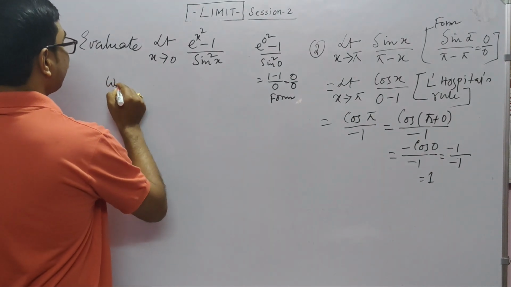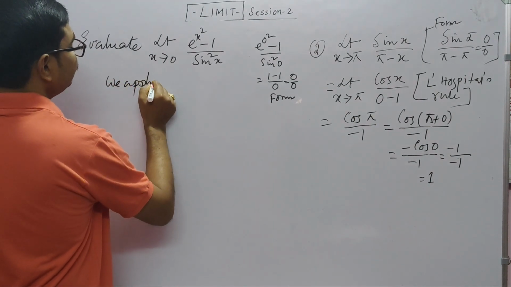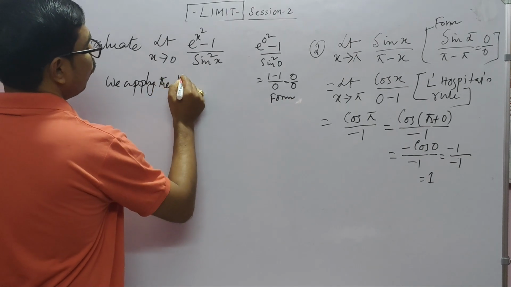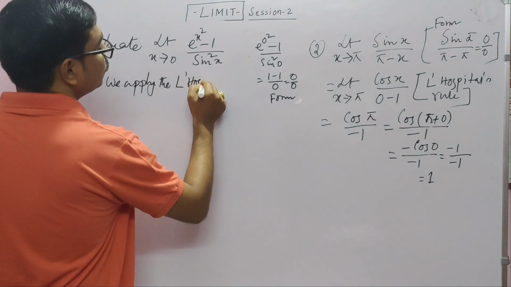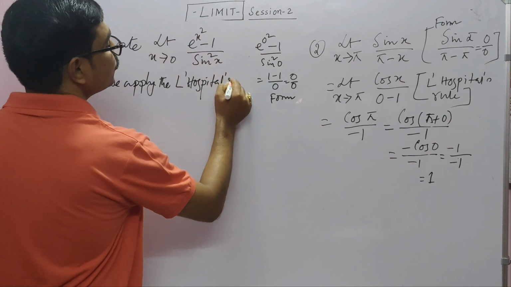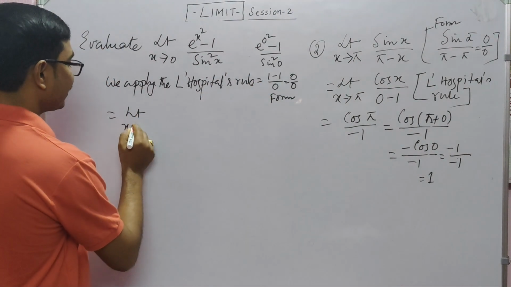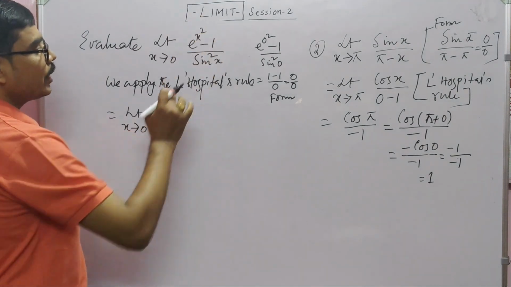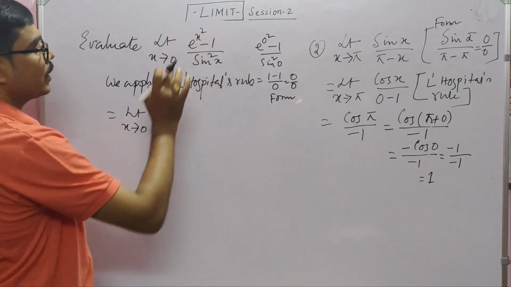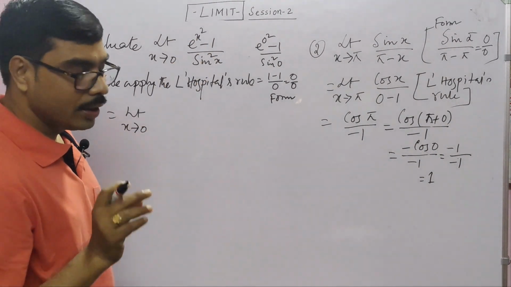So we apply L'Hopital's rule. Now limit x tends to 0, the numerator is e to the power x square minus 1, the denominator is sin square x.